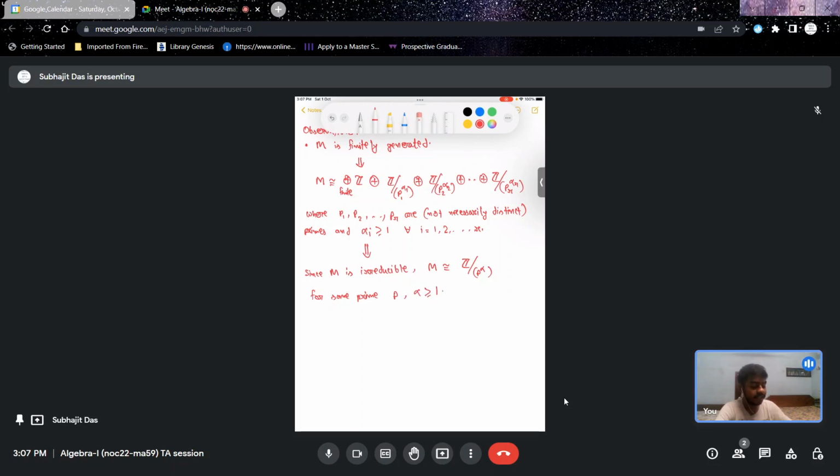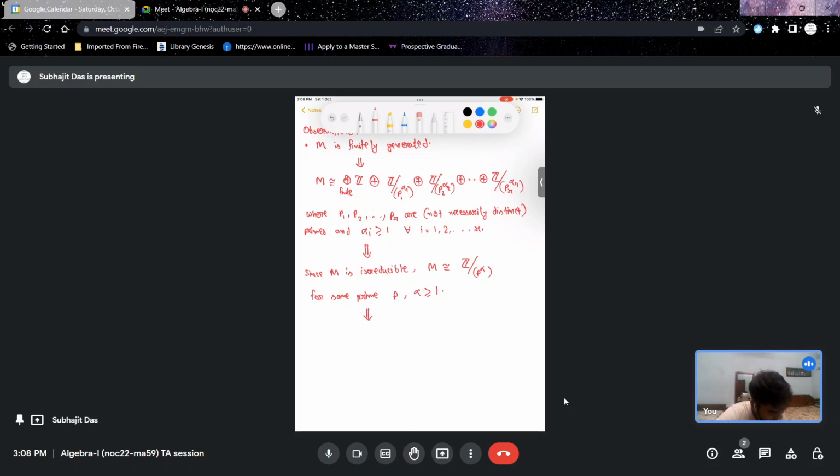I didn't say that M could also be equal to Z, but if it were of the form Z or some direct sum of copies of Z, you would have the same problem. It would contradict the irreducibility, because we know that Z in particular has many proper non-trivial subgroups. So it must be of the form Z mod p to the power alpha. But then again, if it is of this form, we claim that alpha has to be equal to 1.